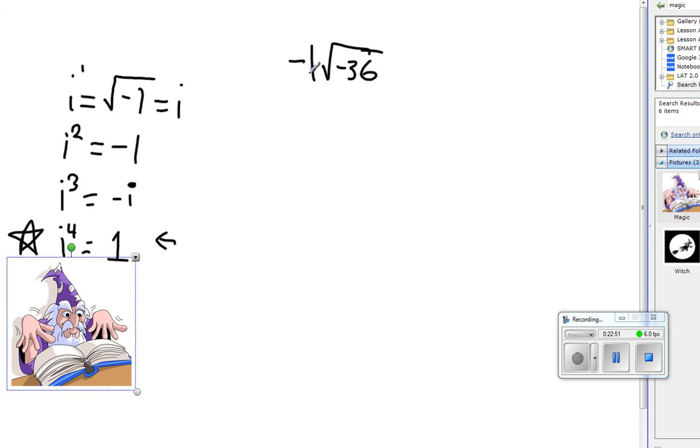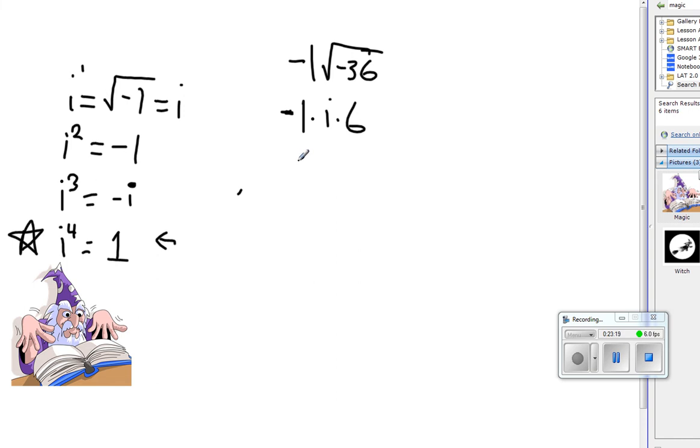What is always the square root of negative 1? i. So we can just take an i out of this. Can we take the square root of regular 36? What's that? 6. So we have i times 6 times negative 1. Once you take the square root, you have to remove the square root sign. Then we just simplify, so negative 1 times 6.